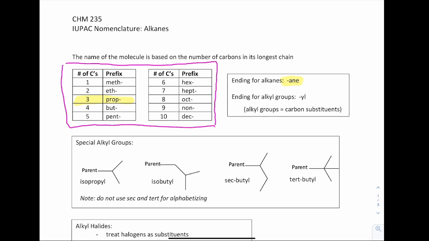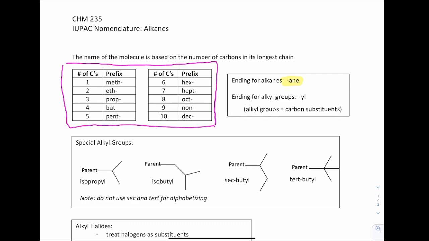If I have propene, E-N-E, that's going to be my ending for alkenes, it's going to be a 3 carbon alkene. So these prefixes are going to be the same for every functional group that we do. We're just going to change the ending based on what type of functional group we have. So propanone is a 3 carbon ketone. While it looks like a lot of memorization right now, you don't have to do it again. Once you learn these, we're going to use them in every functional group that you learn to name.